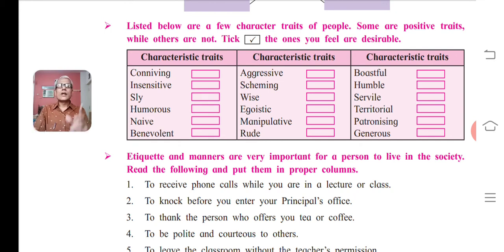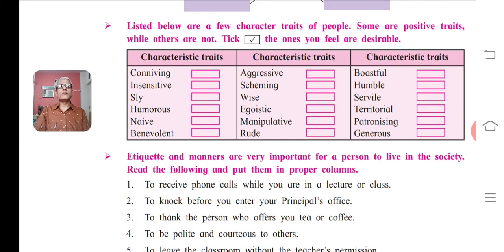Now there are 3 columns of these personality traits. The first one, characteristic traits. Under it, the personality traits are conniving, incentive, sly, humorous, naive, benevolent.